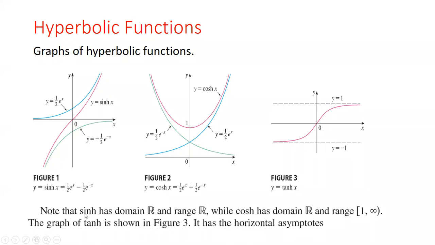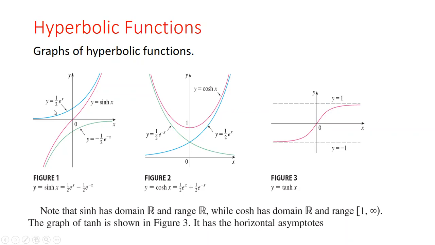Note that sinh has the domain of the set of real numbers and the range of the set of real numbers, while cosh has the domain of real numbers, but its range is different. Now, how is it different? Because the cosh function is this pink function. It is going from 1 to infinity because the function is not defined just beneath 1.